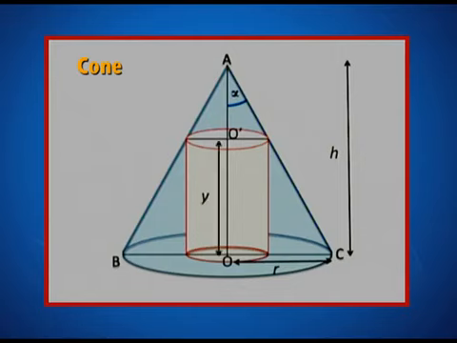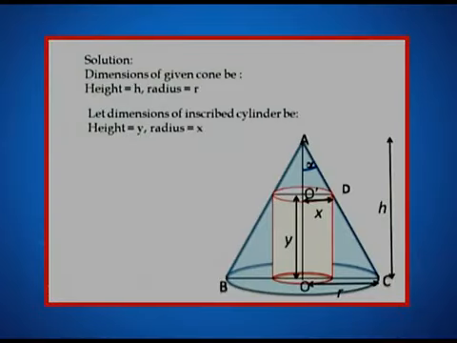Let the height of the cylinder, that is O dash O distance, be y, which is varying, as you saw in the 3 possible positions earlier. Same would be the radius of the cylinder, x, again a changing quantity, varying quantity. These are the dimensions of cone and the cylinder. The h and r are given, y and x are changing.